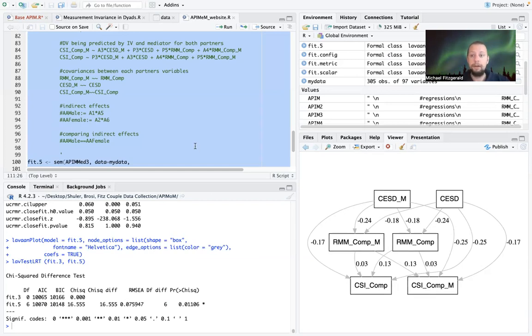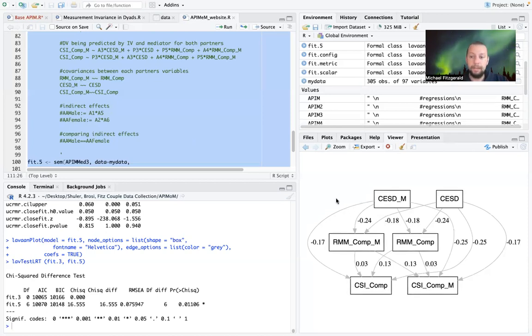So this is a basic introduction to the actor-partner interdependence mediational model. We've talked a little bit about basic estimation. We've talked a little bit about parameter constraints, specifically constraining the direct and the indirect effects to equality, and we can see some of the implications of constraining these effects to be equal.